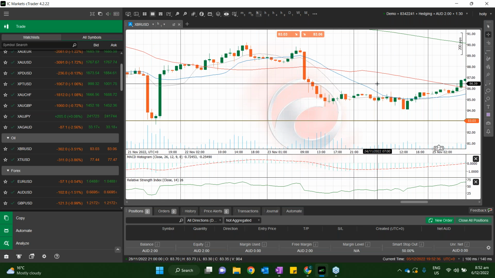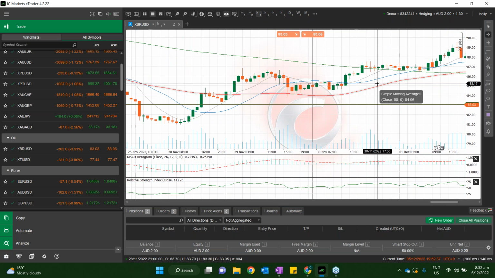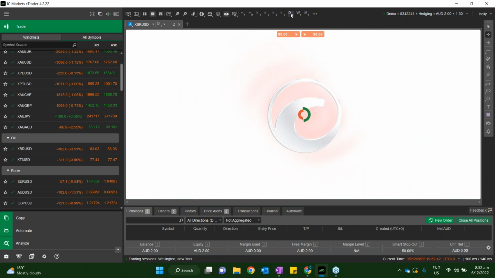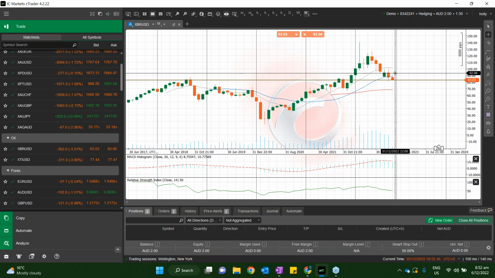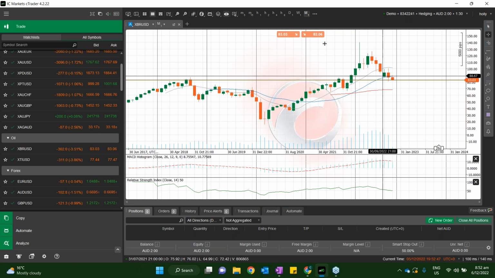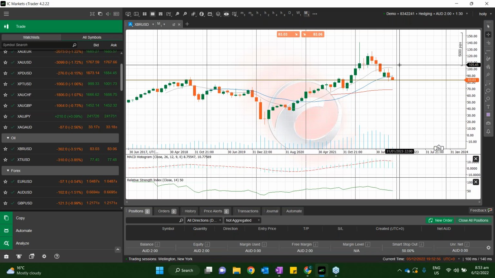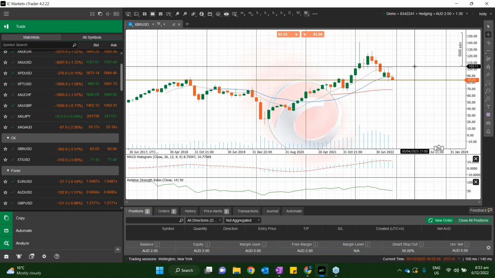But again, that is range-bound trading. You are better to trade, which is possible, when the weekly and monthly at least are giving you higher time frame momentum, pushing you along in whatever direction you're going, whether it's up or down.